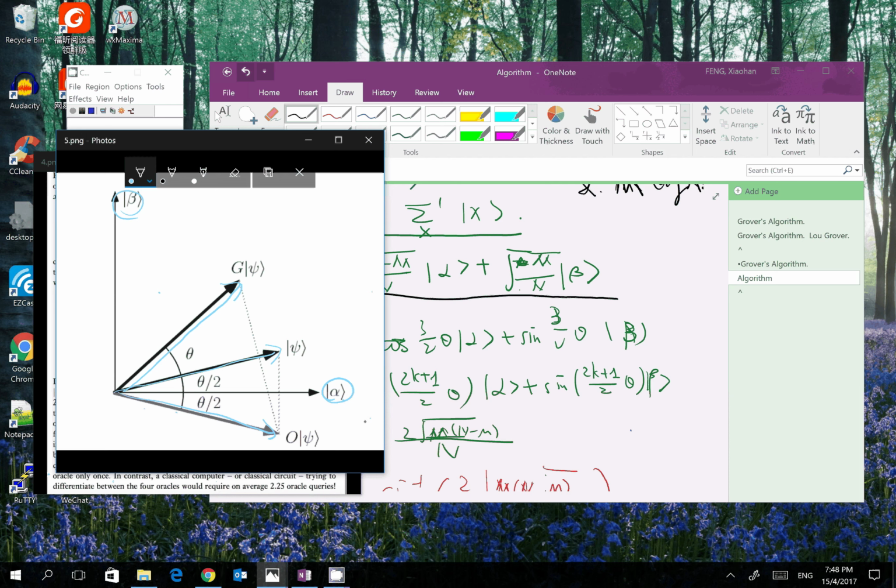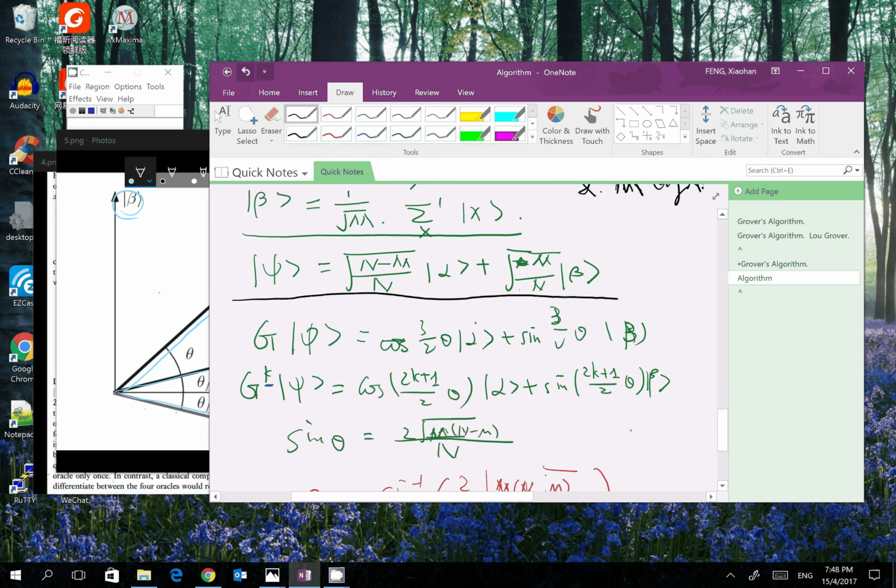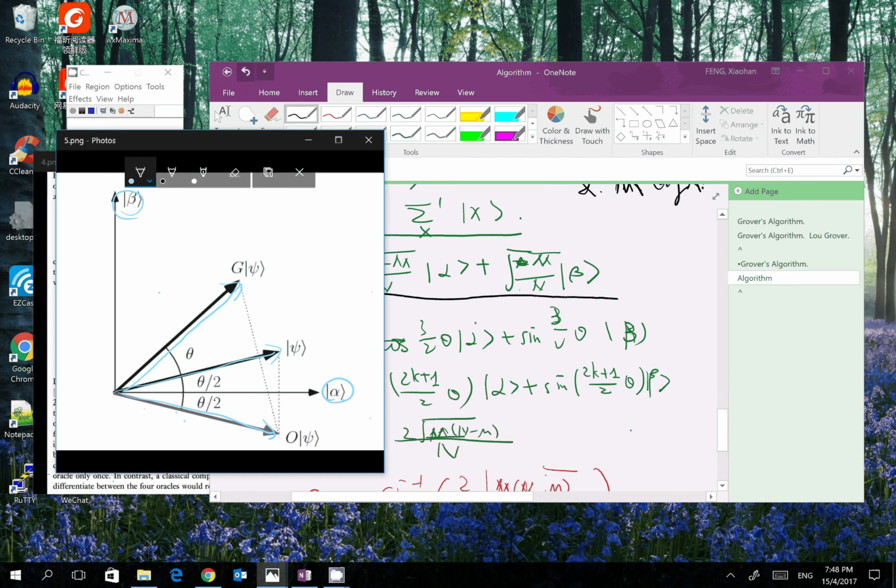So we apply the first 2 steps of the Grover iteration again, and we get the mirror symmetry of G with respect to the axis of alpha, called G prime, and then we do the remaining 7 steps of the Grover iteration. We get the mirror symmetry of G prime with respect to the phi axis.